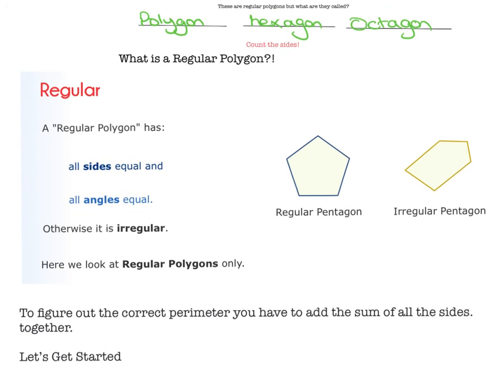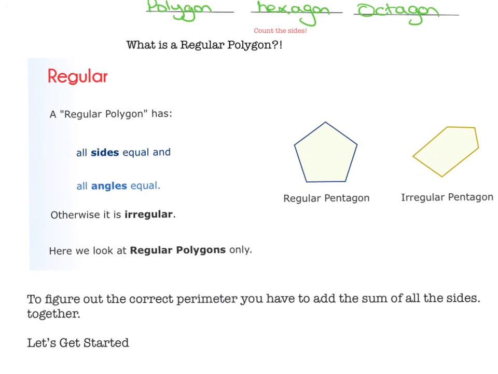A regular polygon has all equal sides, so all equal sides and all angles equal. So this is a regular pentagon, where all the sides are the same length. And then all of the angles are the same size as well.